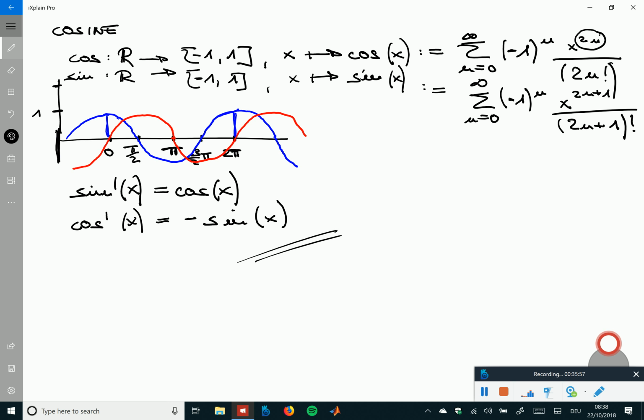But on the other hand, from school, you know that the derivative of sine is cosine, and the derivative of cosine is minus sine, and it was never really proven there, so why prove it now? It's just like 1 and 1 is 2. You don't need Peter Scholze to know that.